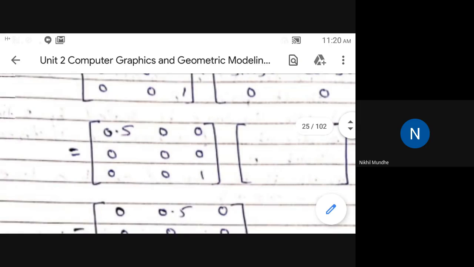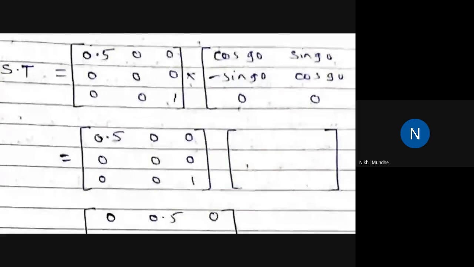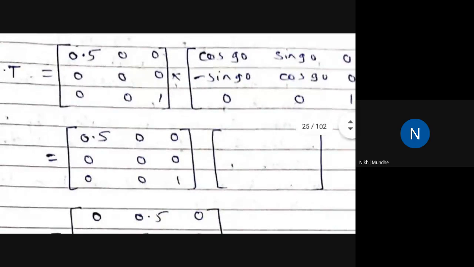What is the value of cos 90? You can write this value here, and after that you will get the answer. So try to solve this. Cos 90 is 0, sin 90 is 1. Whatever the trigonometric value is, you have to write it here.